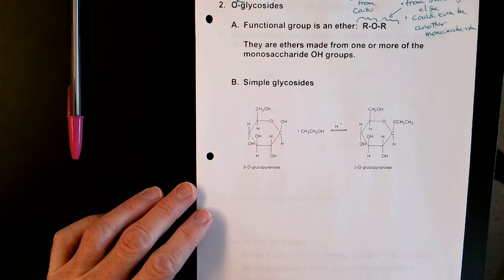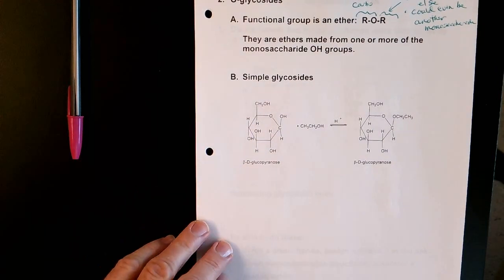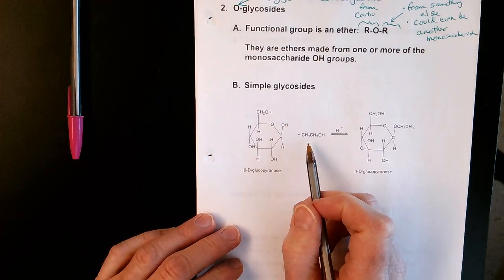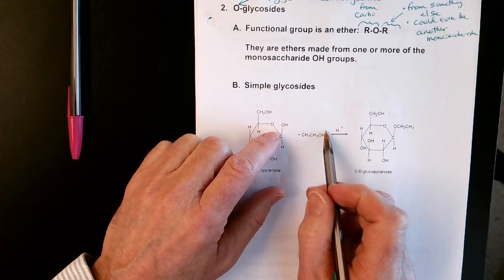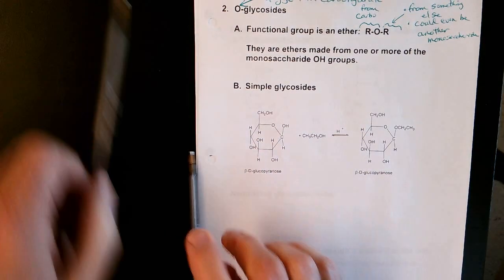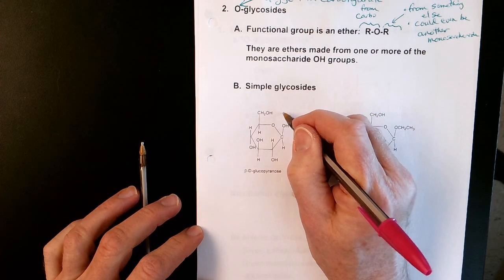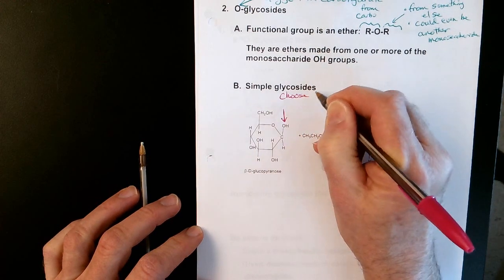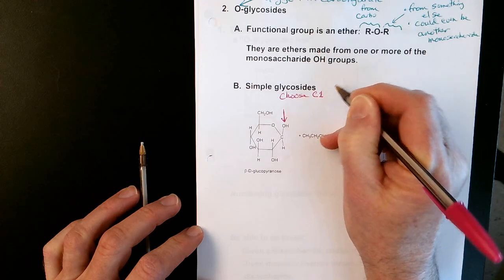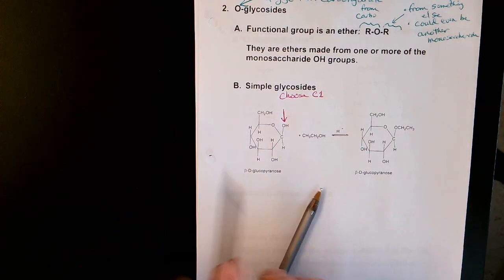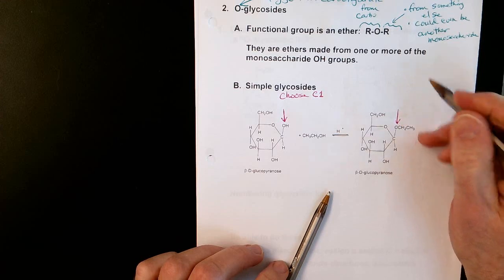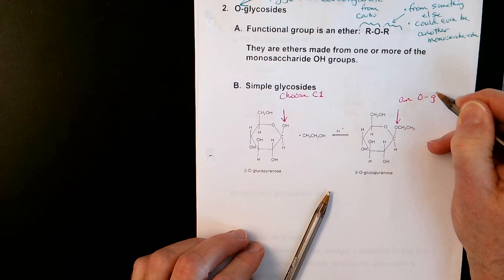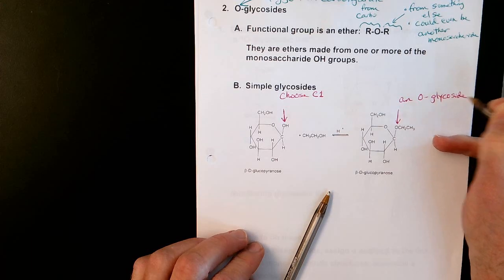Now, here's probably the simplest version of it that you could imagine. Imagine that your molecule that's going to tack on to make the ether is just a little bitty alcohol. So that would be saying that we're going to focus on this carbon. It wouldn't have to be this one. Choose carbon number 1, its OH group, and now, as of right here, this is an O-glycoside.